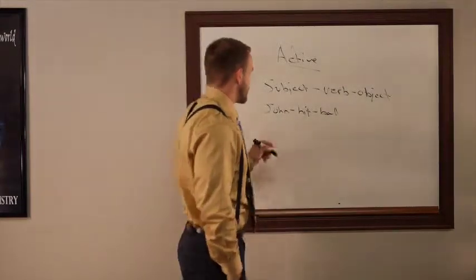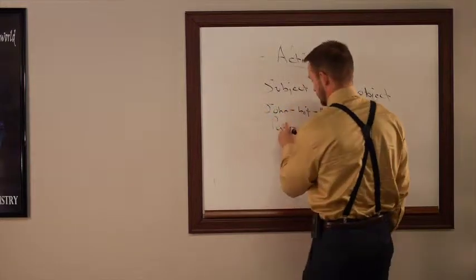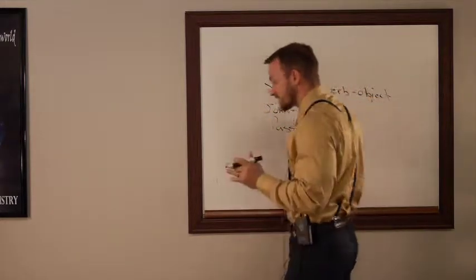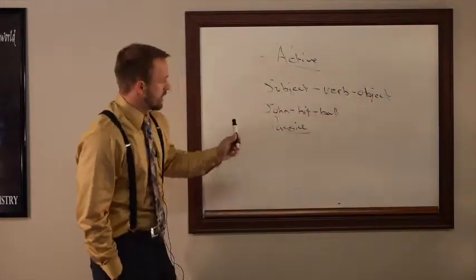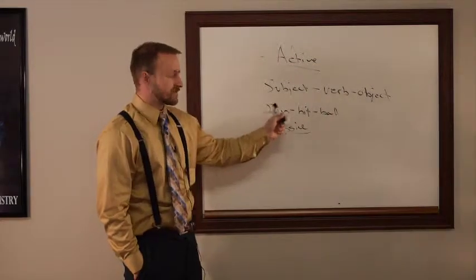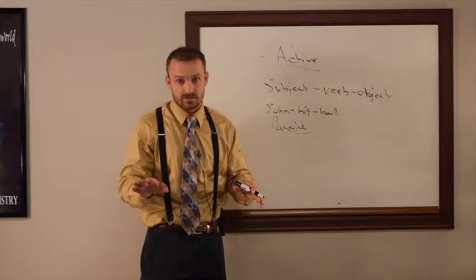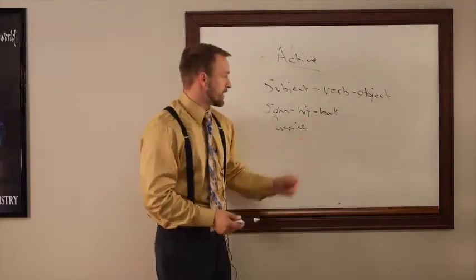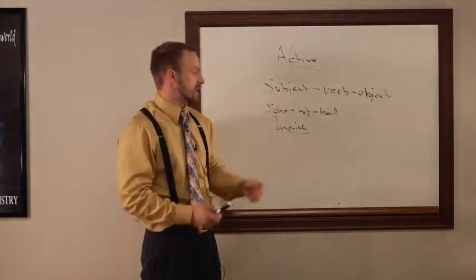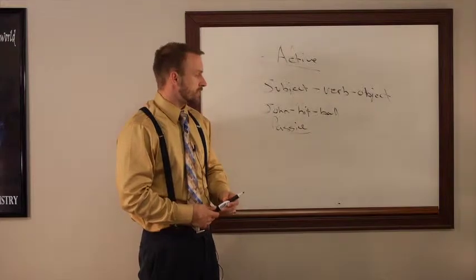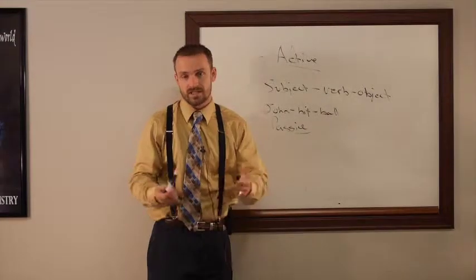Another way to write is the passive voice. Now, in passive voice, the subject, which here is John, is either not in the sentence or it's at the end. If it's not in the sentence, you would say, the ball was hit.